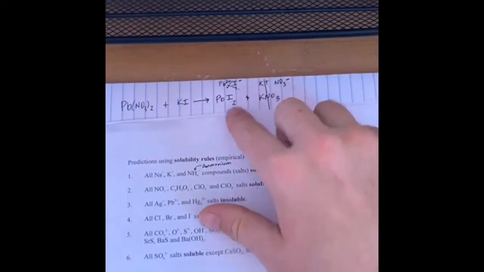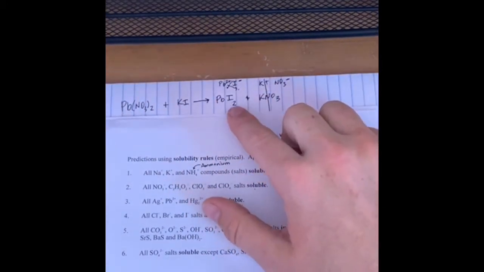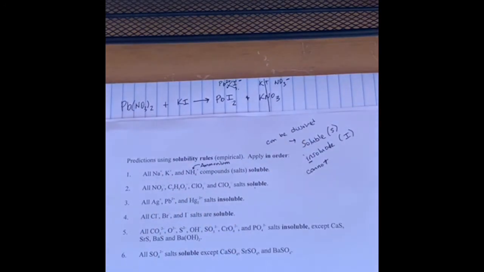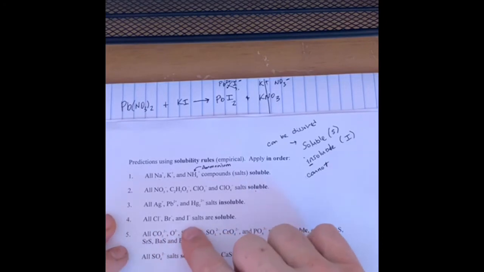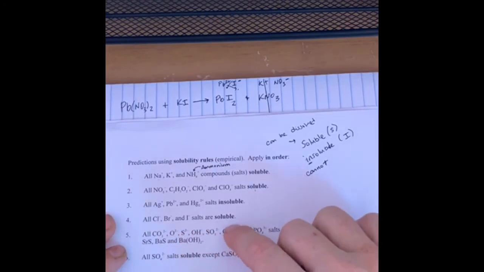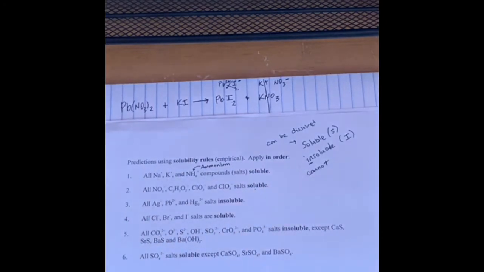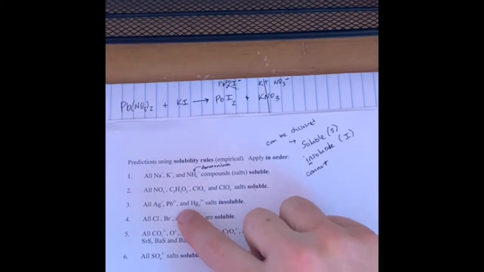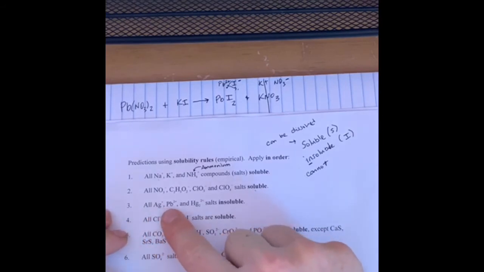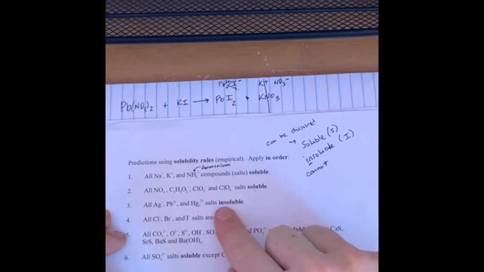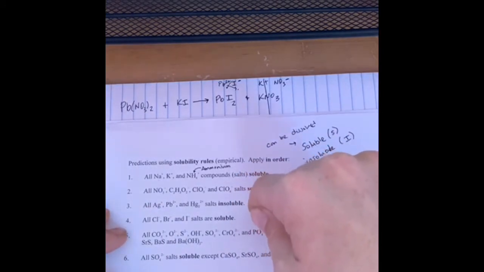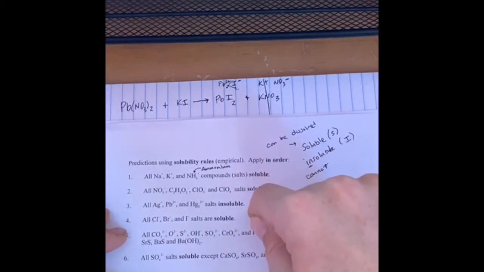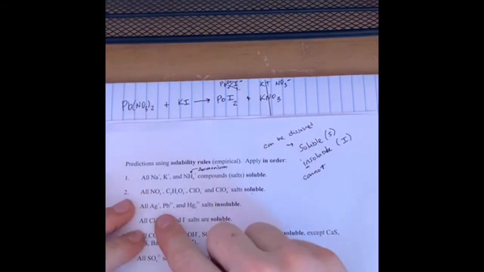We're looking at these two products over here, PbI2 and KNO3. So for I-, all chlorine, bromine, and iodine salts are soluble. However, there's a rule above that: all silver, lead, and mercury salts are insoluble. Because this is higher in the order, this is the case. And I will tell you this, that is true.